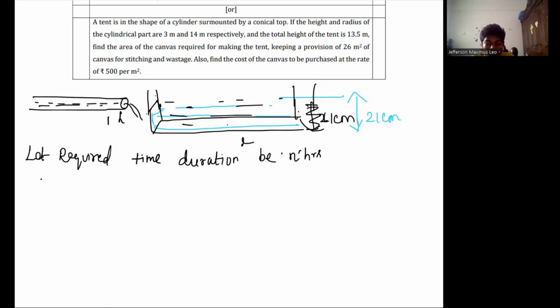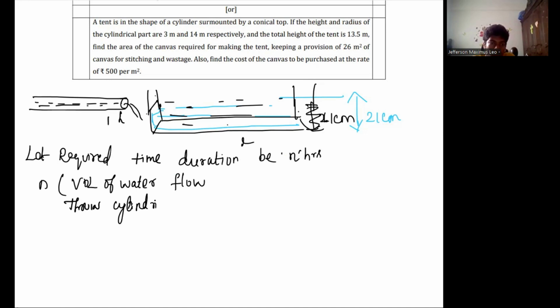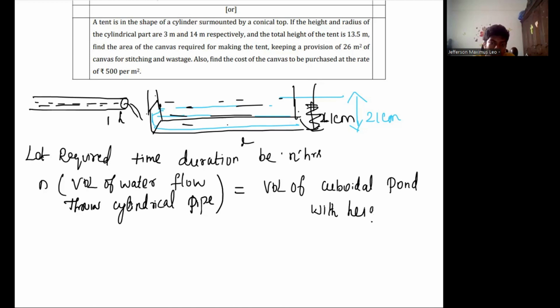Then n times the volume of water flowing through the cylindrical pipe is equal to the volume of the cuboidal tank, the cuboidal pond, with height 21 centimeter.